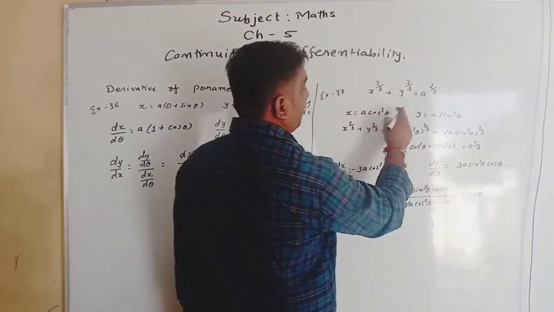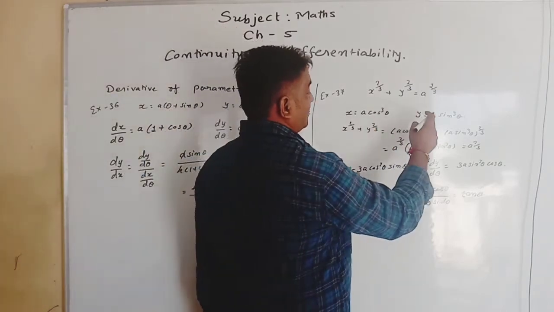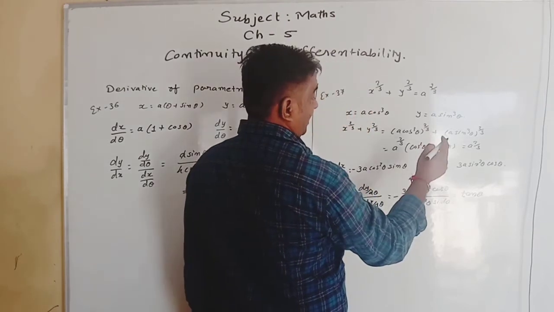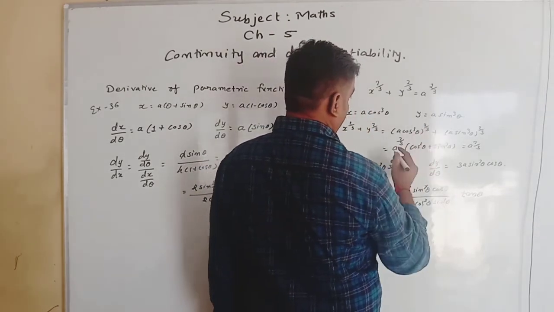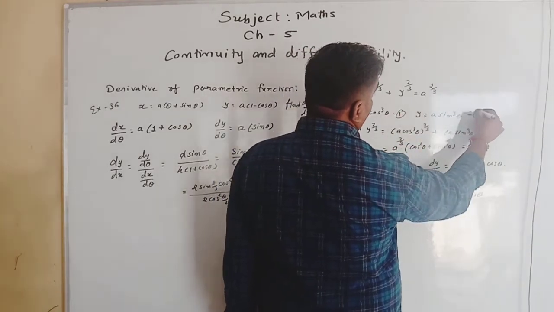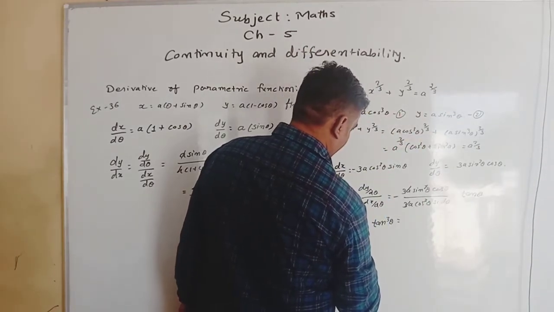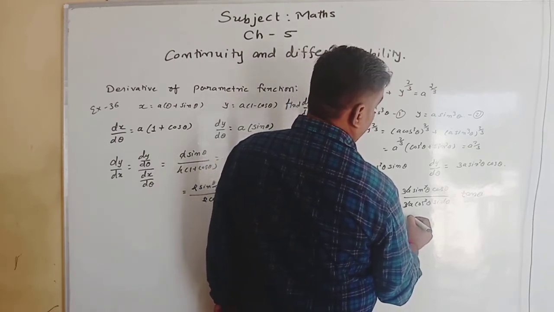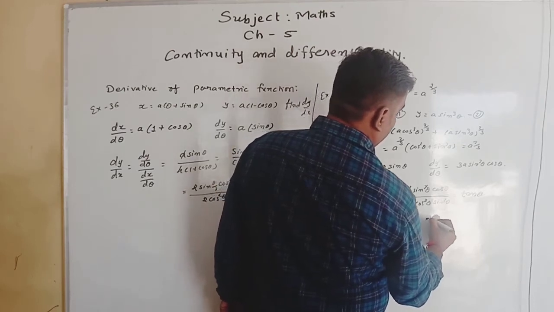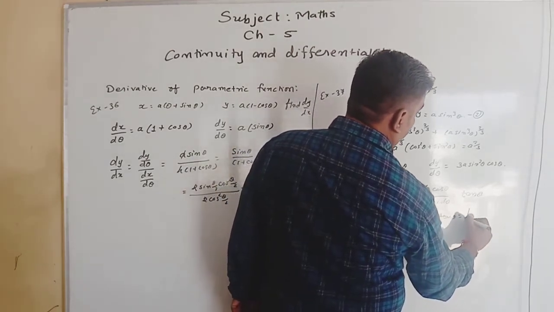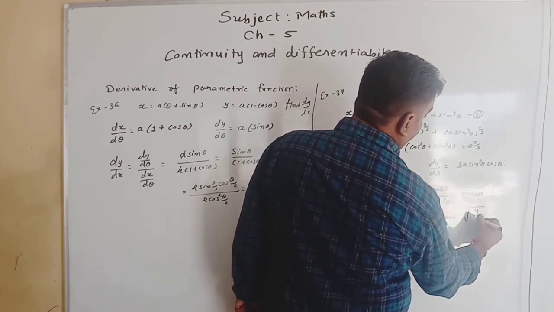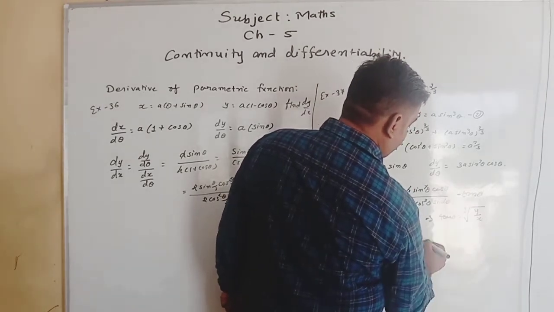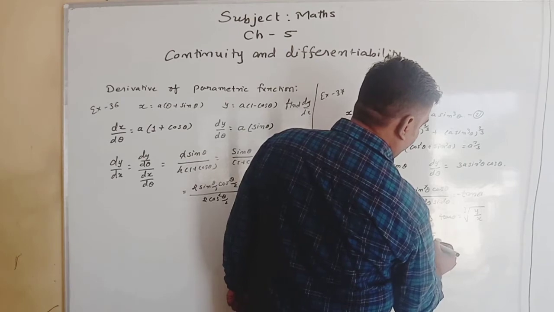Now from the original equation, tan cube theta equals y by x, so tan theta equals the cube root of y by x, and dy by dx is minus cube root of y by x.